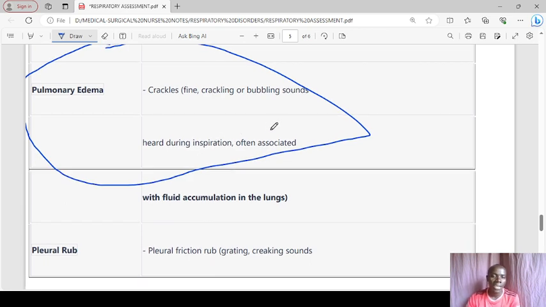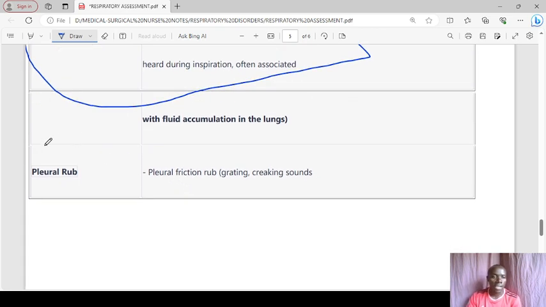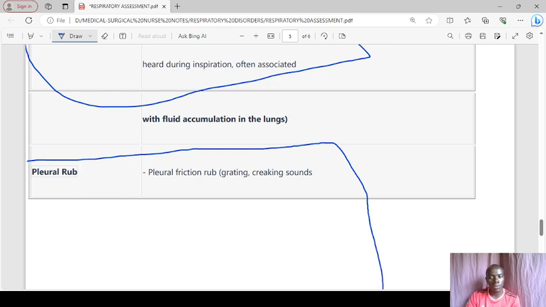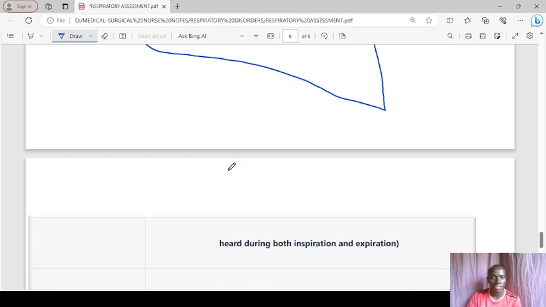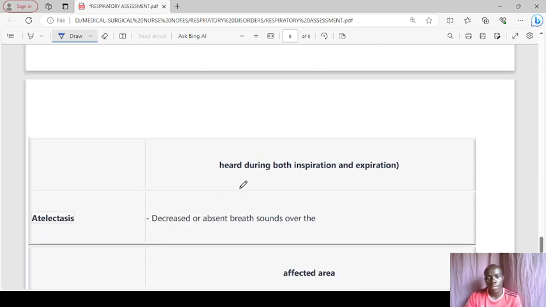These are normally heard during inspiration and often associated with fluid accumulation in the lungs. Then we have the pleural rub. Okay, pleural friction rub. This could be the sounds because of the two membranes, the two layers rubbing against each other, and could be heard during inspiration and expiration.